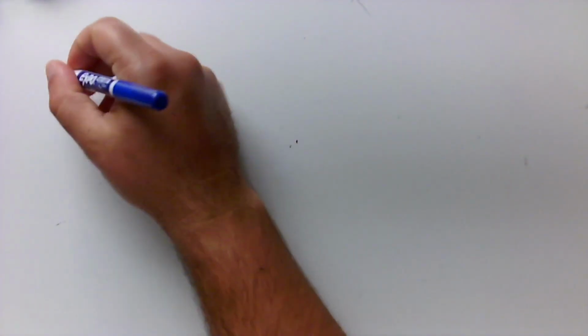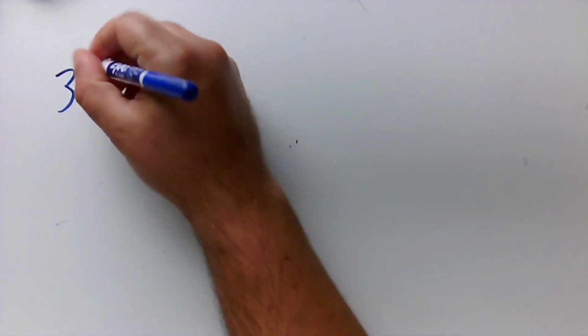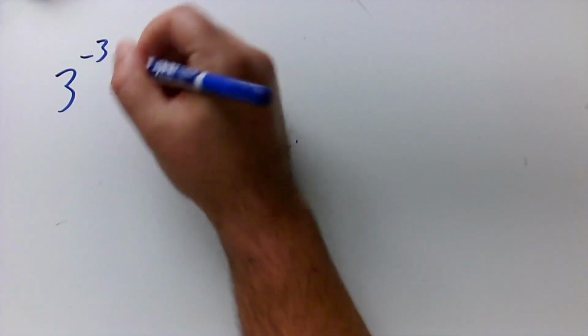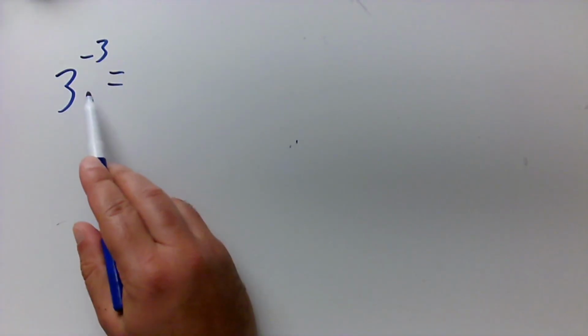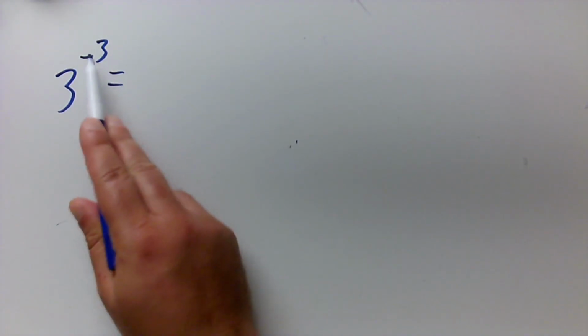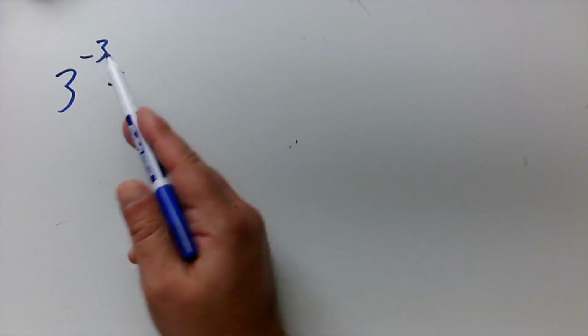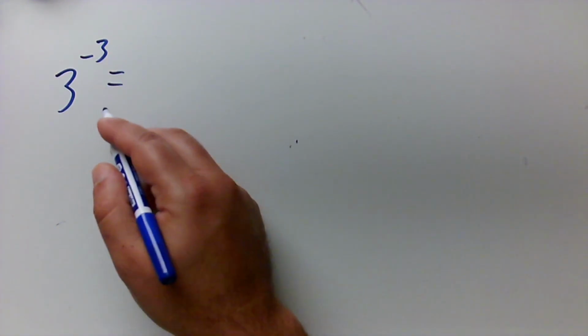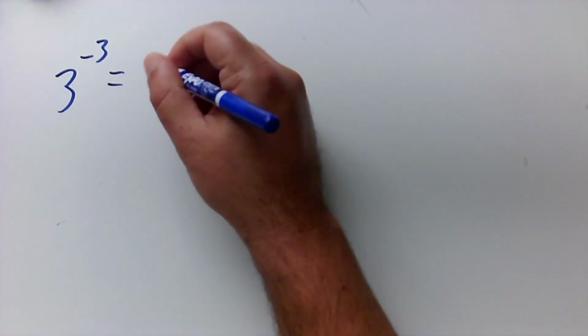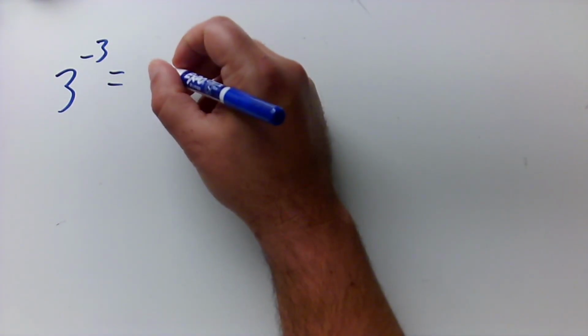Next we're going to do negative exponents. So what if we have 3 to the negative third power? We want to convert this to a positive exponent, because negative exponents don't really make sense in our head. And so what we do is we change it to the denominator.